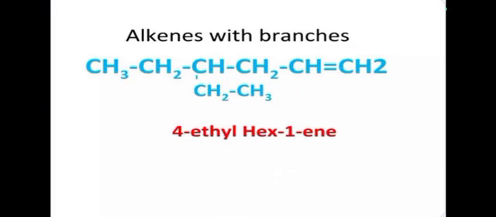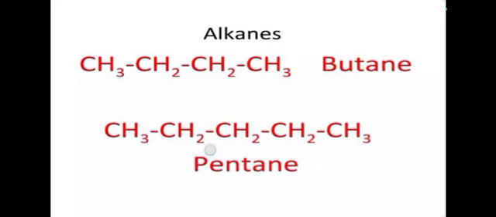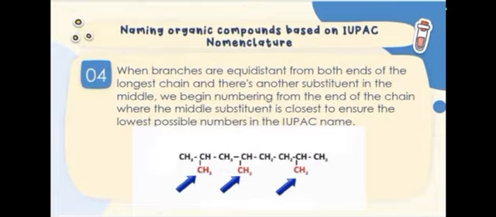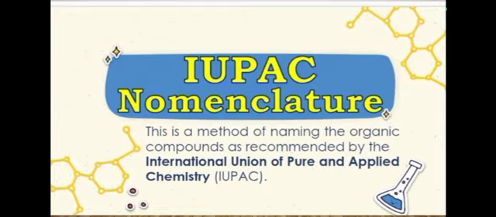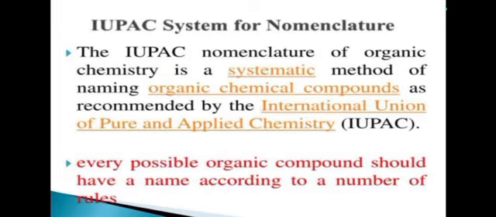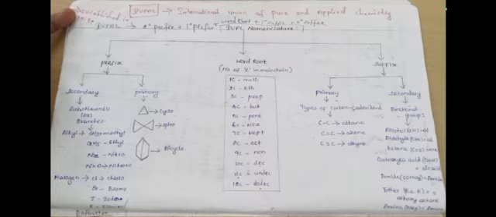Today we see the IUPAC nomenclature. First, the definition of IUPAC nomenclature: it means naming organic compounds. IUPAC is the International Union of Pure and Applied Chemistry, established in 1919.